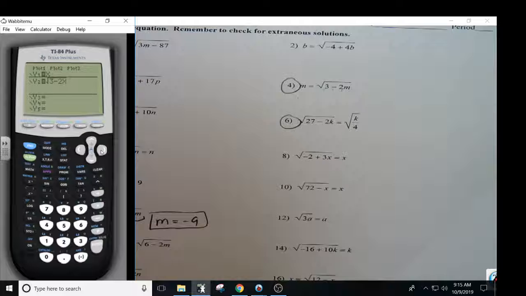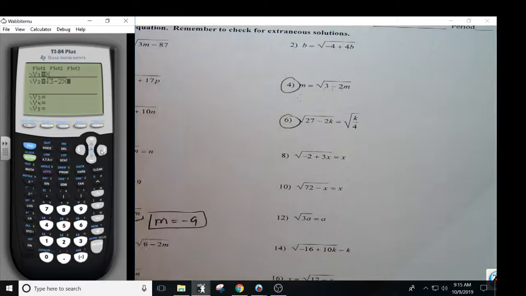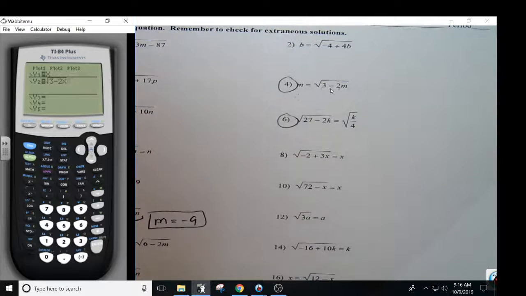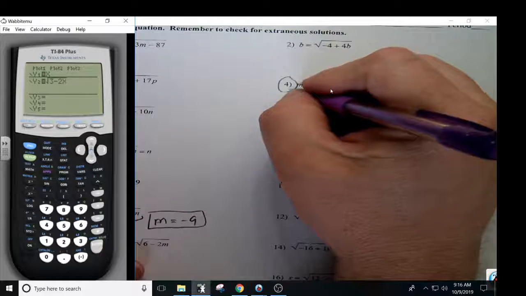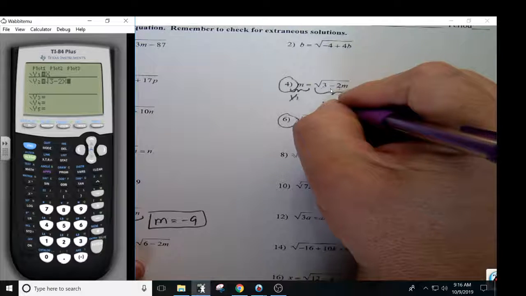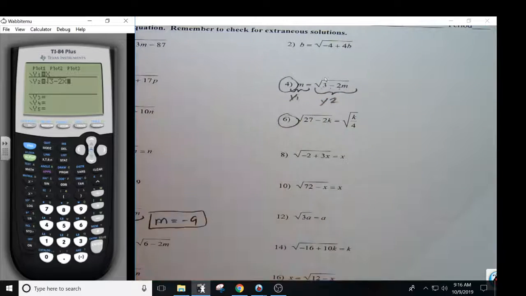Lear, are you following along? Or are you doing it on the calculator? All right, so I've got x in y1. I've got my square root in y2. Okay, I'm gonna graph it.